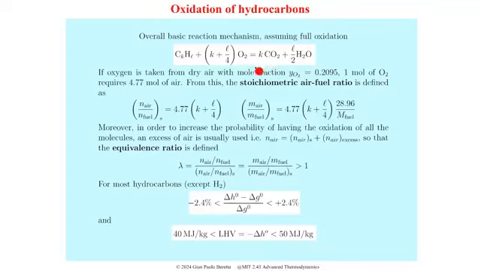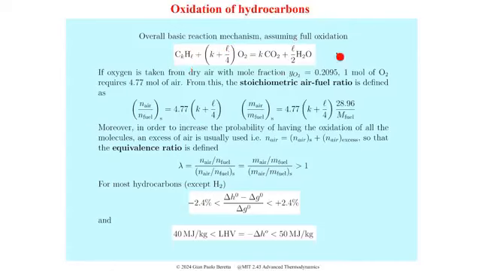First of all, you notice that the mechanism involves a fuel, a hydrocarbon. K is the number of carbon nuclei in the molecule, and L is the number of hydrogen nuclei in the molecule. You need oxygen, and the two main products are CO2 and water.